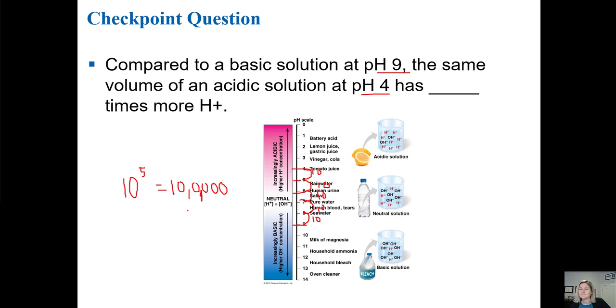And so the pH 4 has 100,000 times more hydrogen concentration than pH 9 solution. Okay, so you can see that the scale is logarithmic. It's not just 5 times more, it's 100,000 times more. Okay, because it's a logarithmic scale. Right?